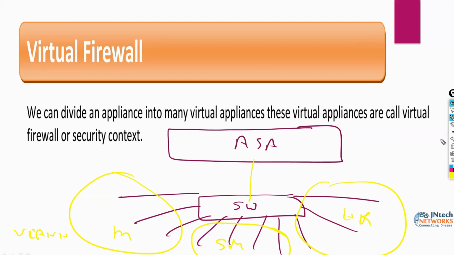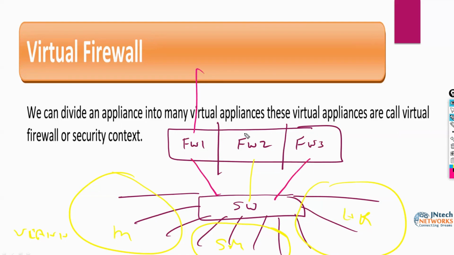Now for each department, I can divide my single firewall box into multiple virtual firewall boxes: firewall box 1, firewall box 2, firewall box 3. These interfaces are the resources. Now you can send your marketing traffic to the marketing firewall box.